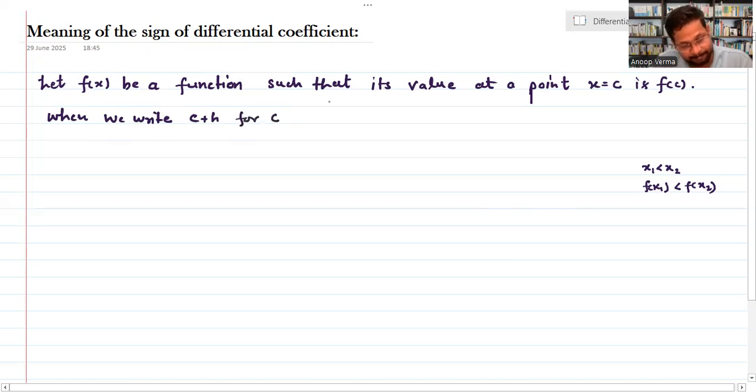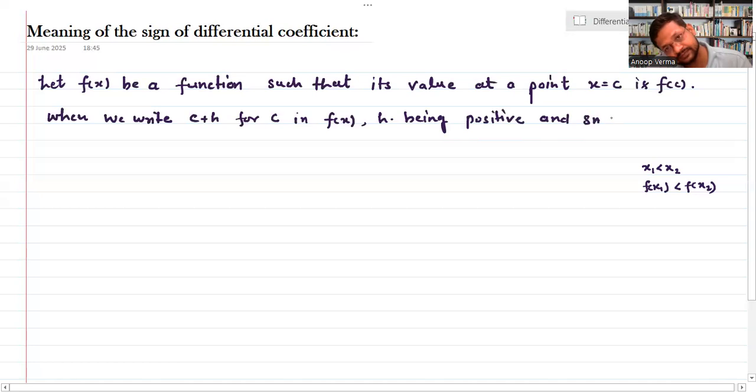For a point c in f(x), h being any positive and very small number, there are two cases that arise.